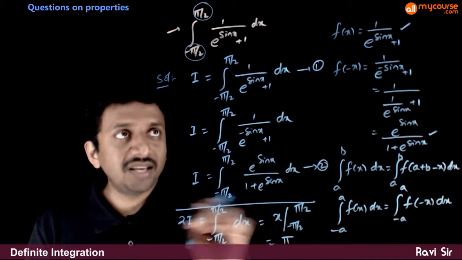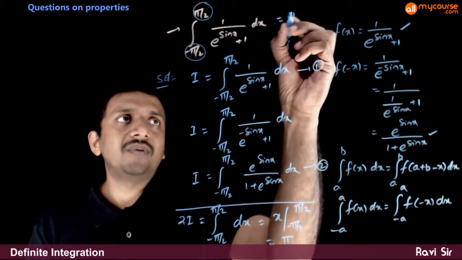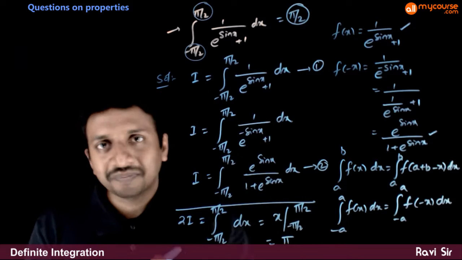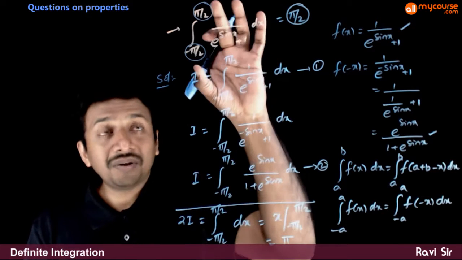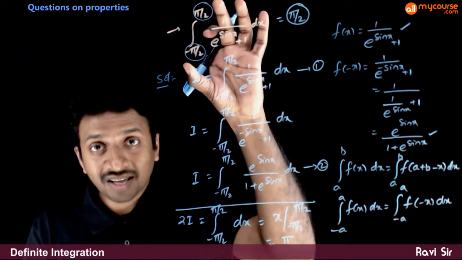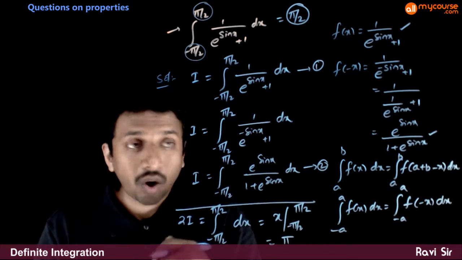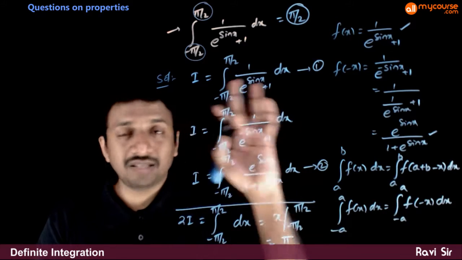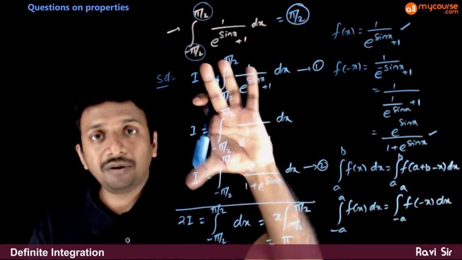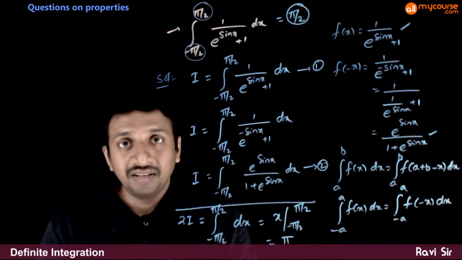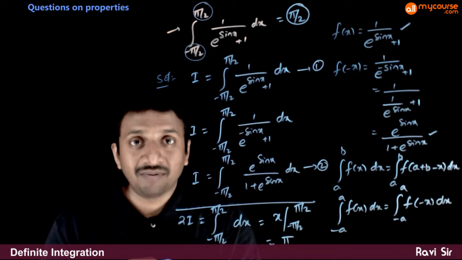So 2I is equal to pi, hence I is equal to pi by 2 is the answer. So whenever you have limits minus a to plus a and the function is neither even nor odd, you can put minus x in the place of x and the value of the integral does not change. That is a property which you can take advantage of.